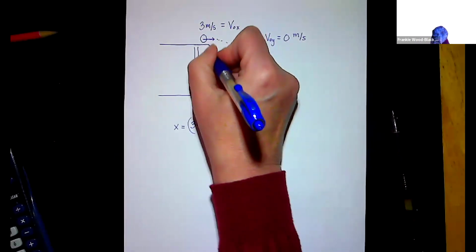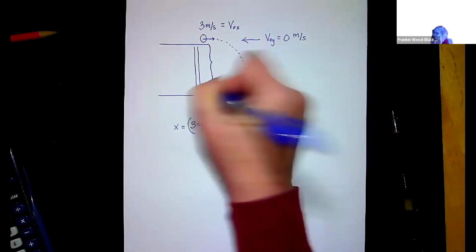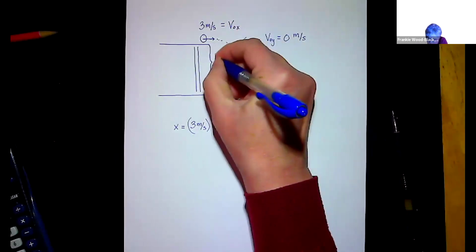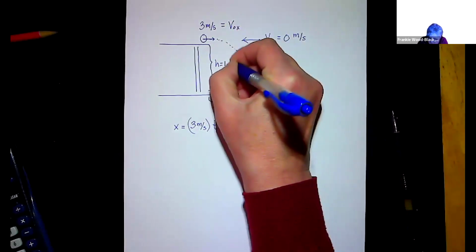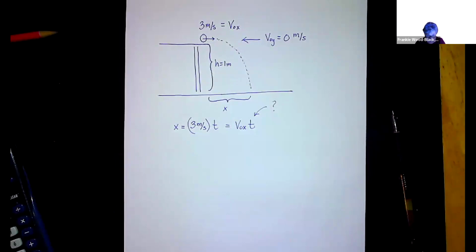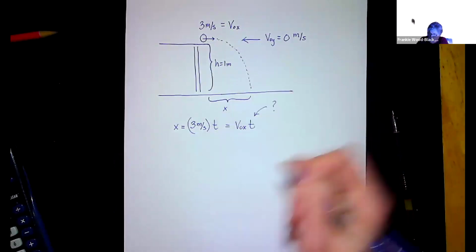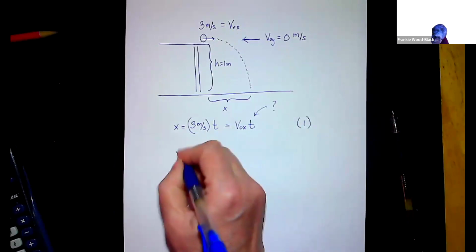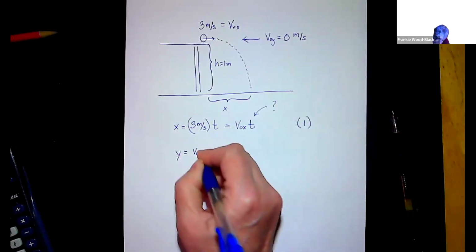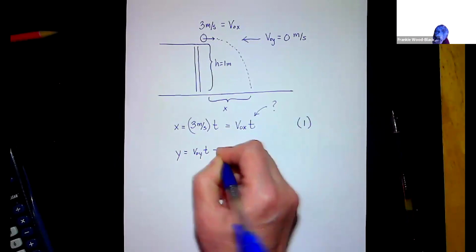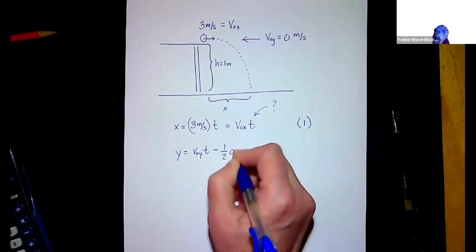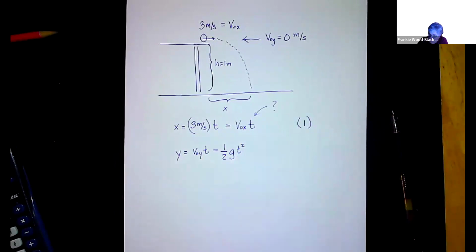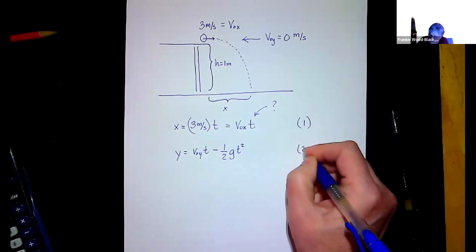But let's say I know the height here. If I'm in my physics lab, the height is equal to 1 meter off the edge of the table. So this is one equation. Well, my y direction is going to equal my initial velocity in the y direction times time minus 1/2 gravity times time squared. That's my second equation.